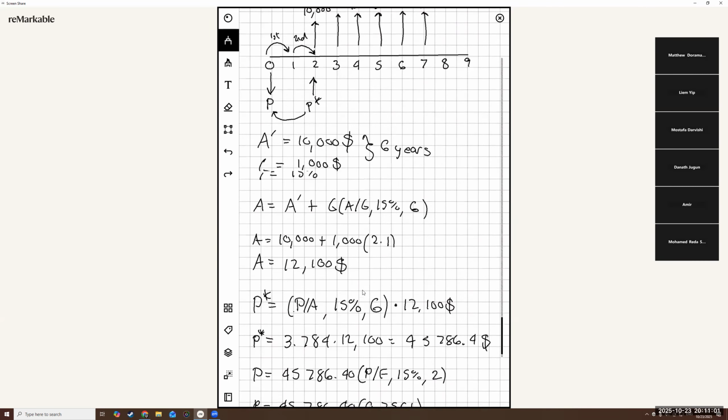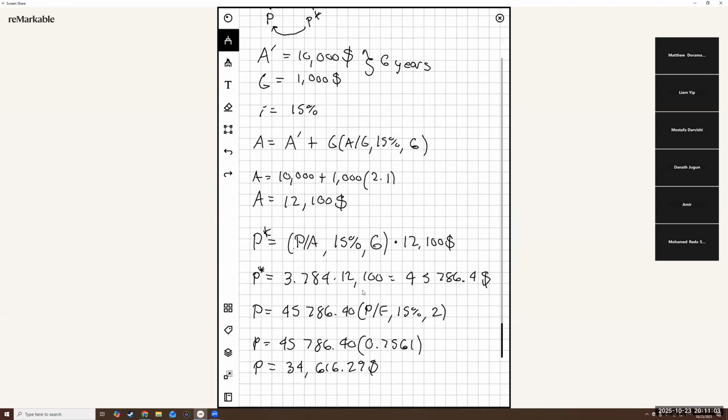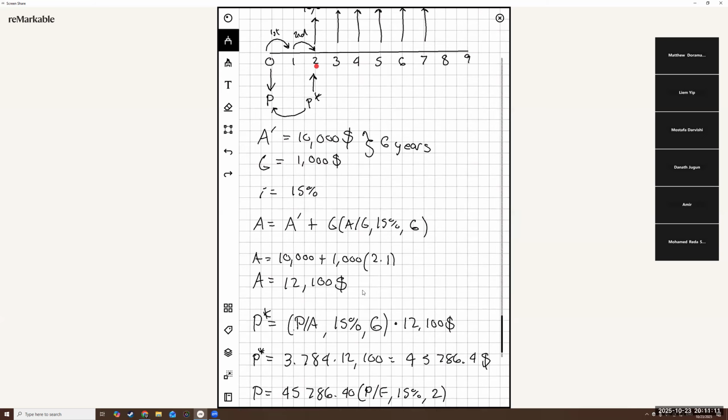This formula here that we did, which is good, it works, but it's assuming that the present is over here, right? So what we need to do now is to take this P star value and bring it to the actual present. And the way to do that is that we find this P value of P, considering that this is the future value 2 years from now.